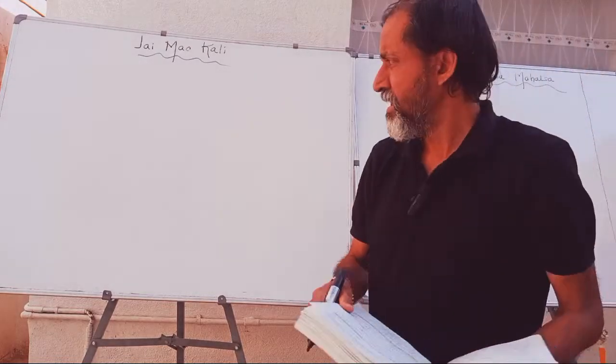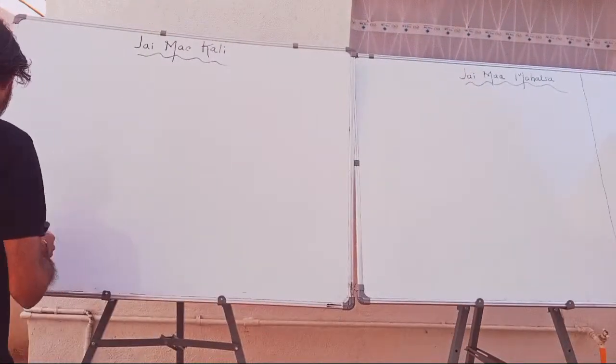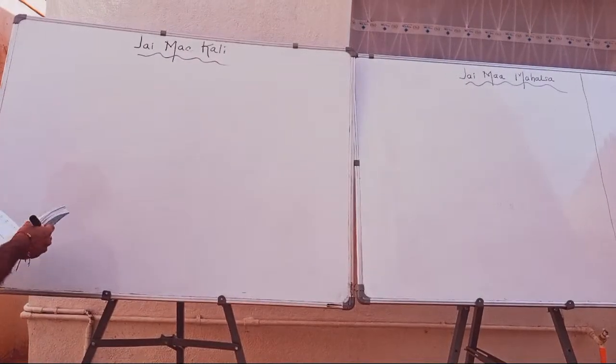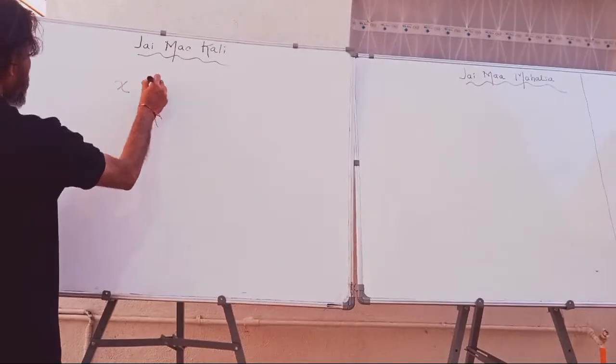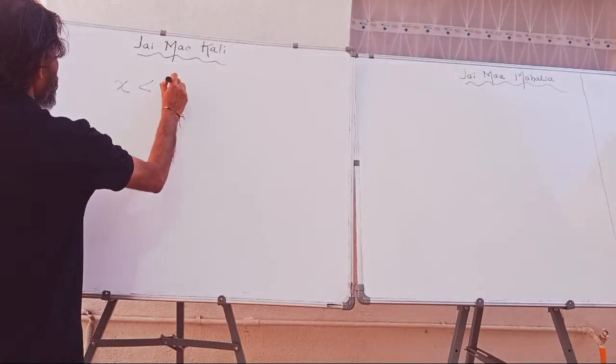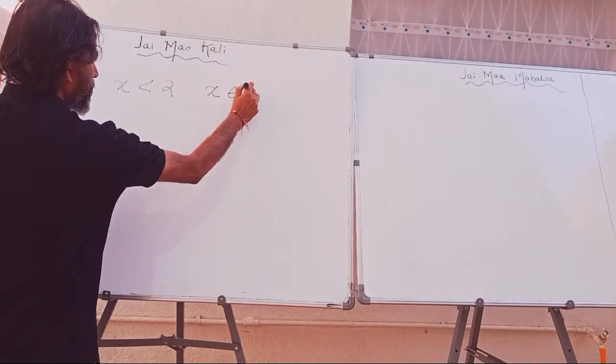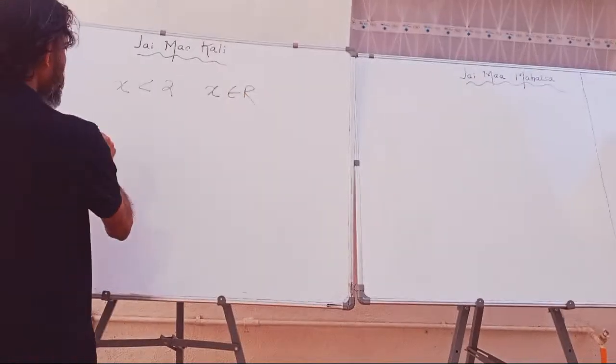Okay, so let's understand how we represent the solution on a number line. For example, x is less than 2 and x is a real number. Let's draw a number line.